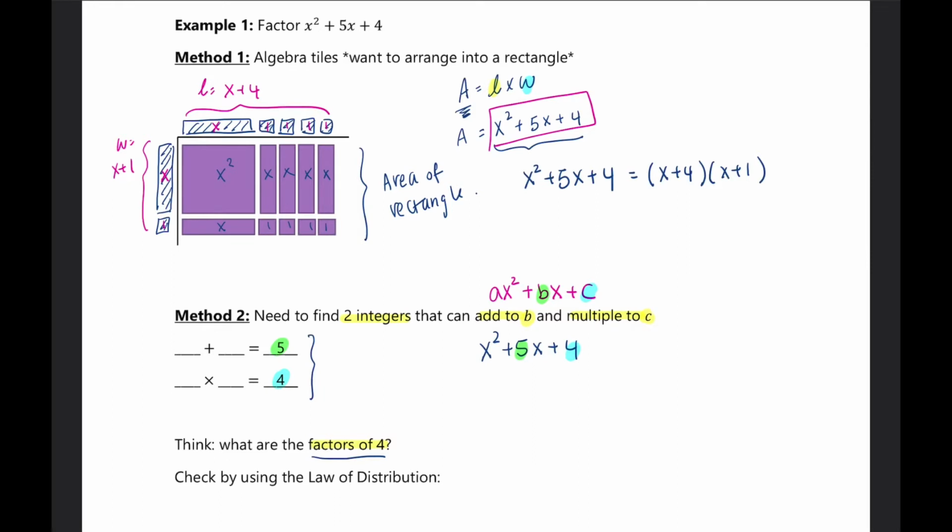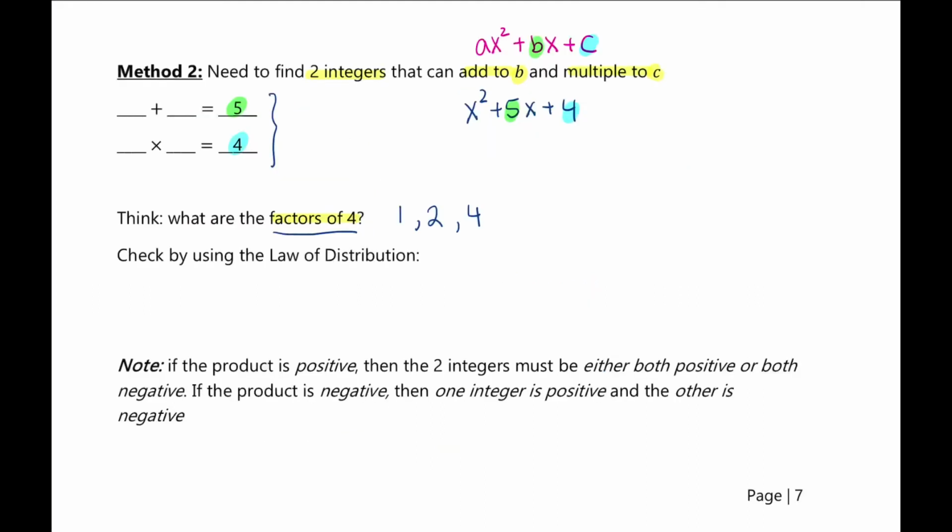So the factors of 4 would be 1, 2, and 4. In order for us to get 4, we can say 1 times 4 equals 4, but also 2 times 2 equals 4. Okay, so it's either the 1 and 4 pair or the 2 and 2 pair.